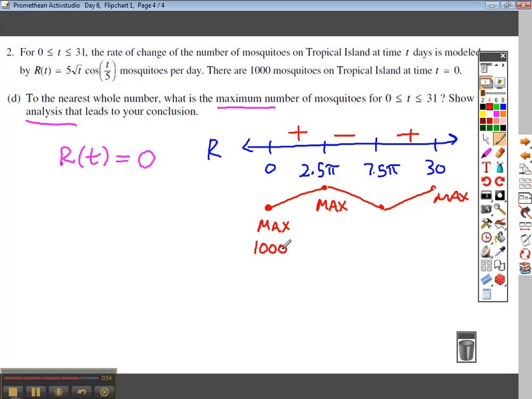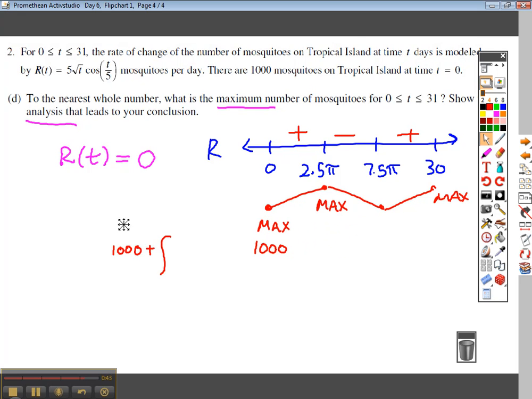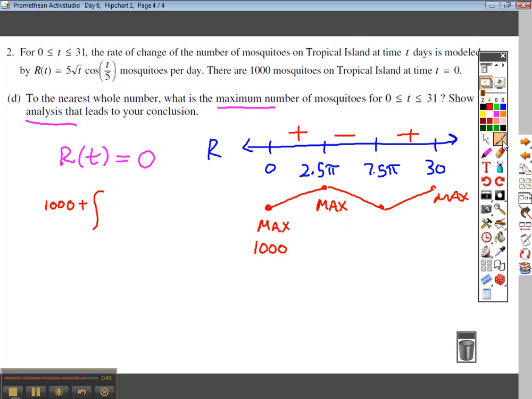To figure out 2.5 pi, I actually have to do the integral. Keep in mind, I had 1,000, plus now I have to add the integral. Let me move this over here, because this is going to take up too much space. I'm going to integrate from 0 to 2.5 pi of r of t dt. It turns out that's roughly 1,040 mosquitoes.